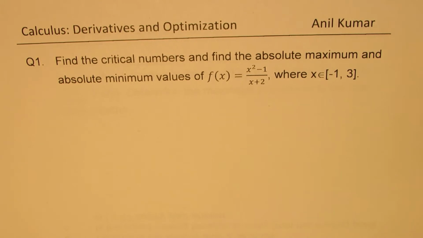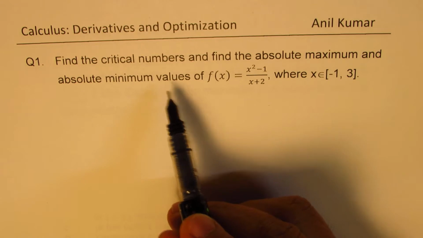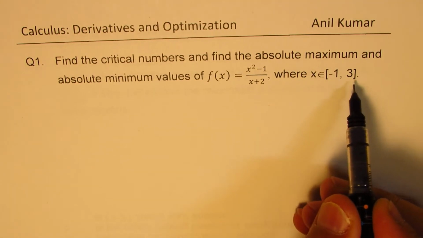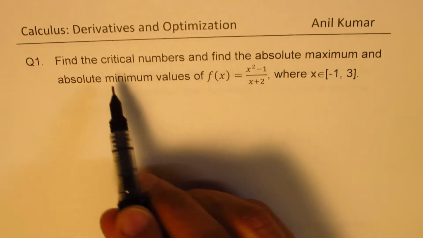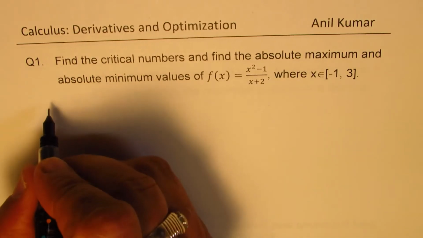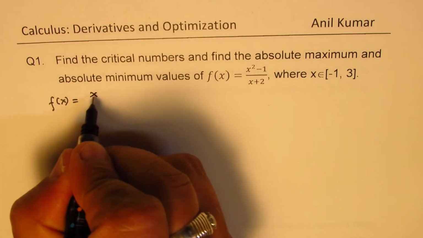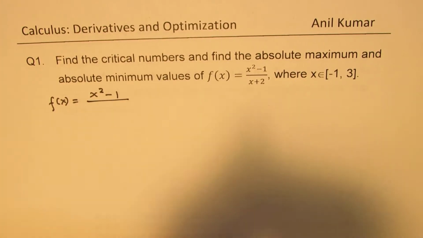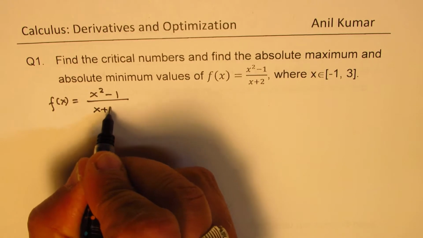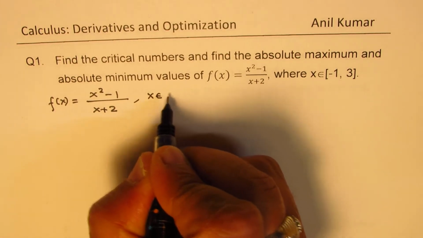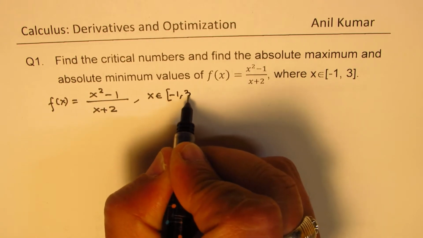So when we have a closed boundary, we'll definitely have absolute maximum and minimum values, which could be on the boundary or inside when we have a critical number. So we are given the function f of x, which is equal to x squared minus 1 over x plus 2, where x belongs to minus 1 to 3.